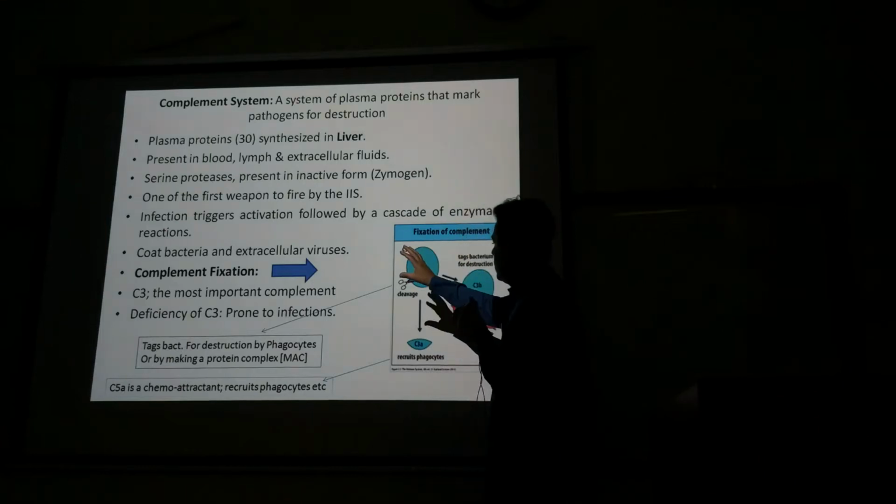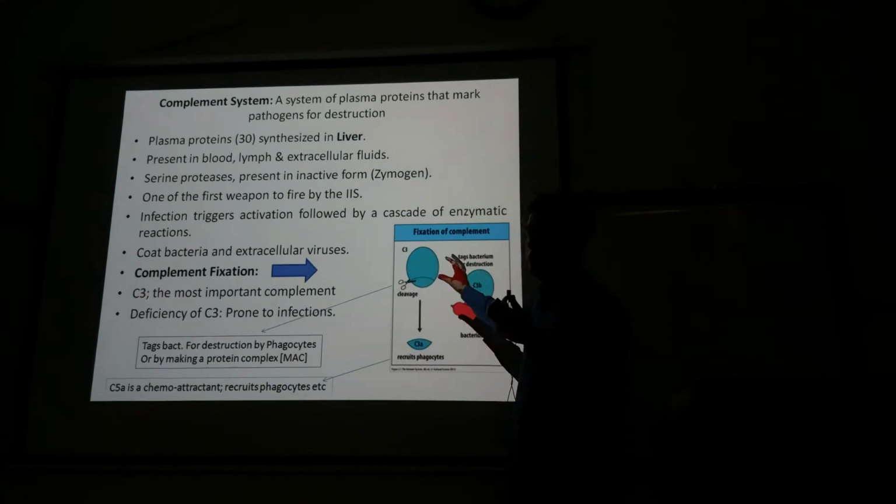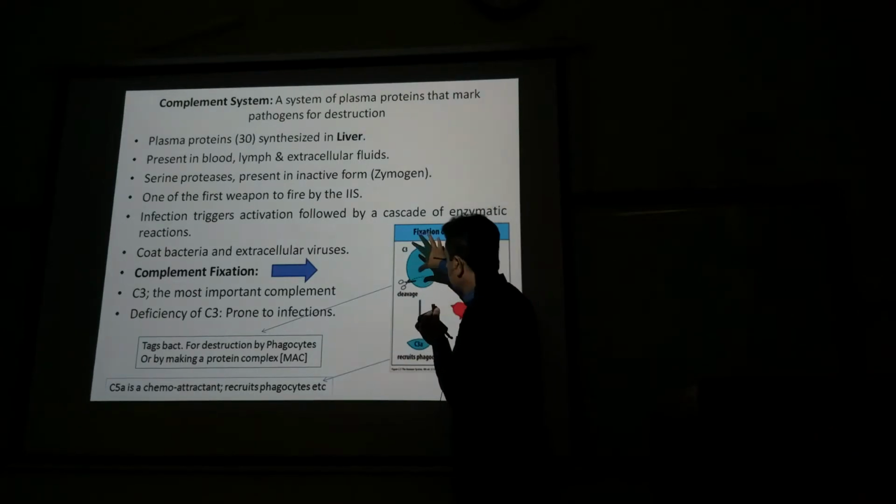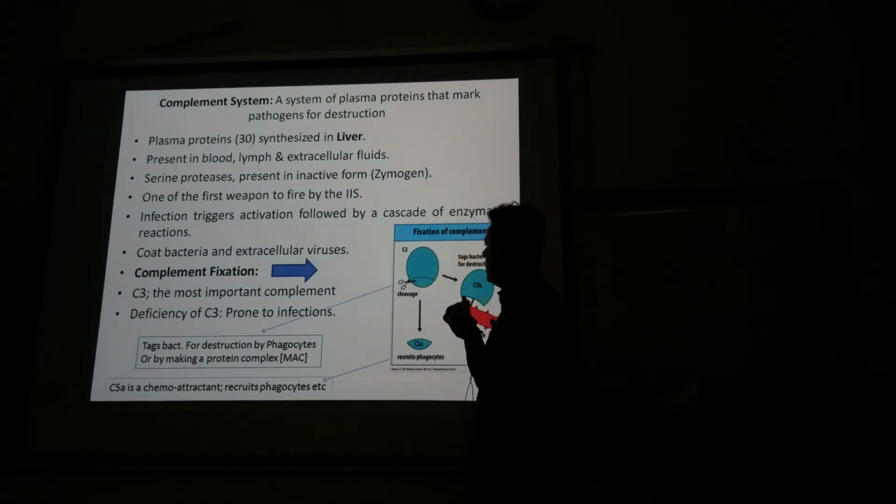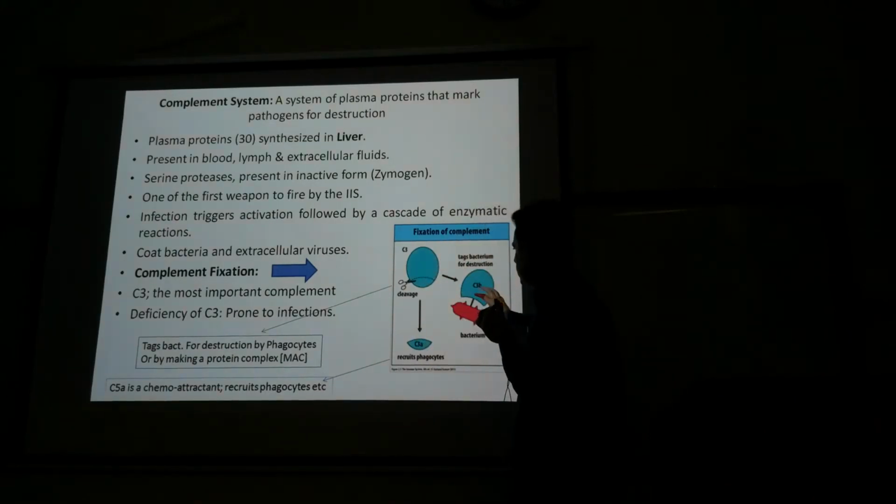This C3 in the form of C3b or part of C3b is fixed to the pathogen, and we learned that the C3 complement, when it is cleaved into two parts, a bigger part and a smaller part, the bigger part becomes fixed to the surface of the pathogen.